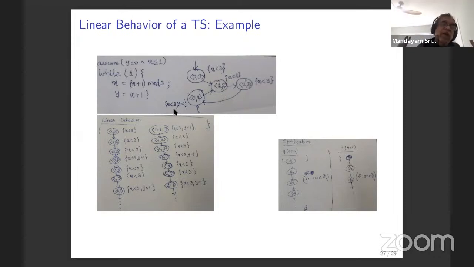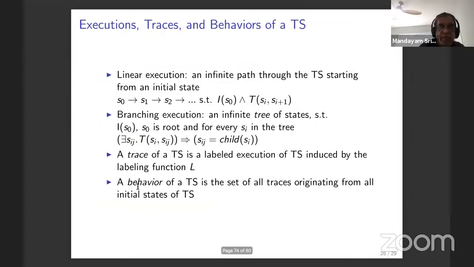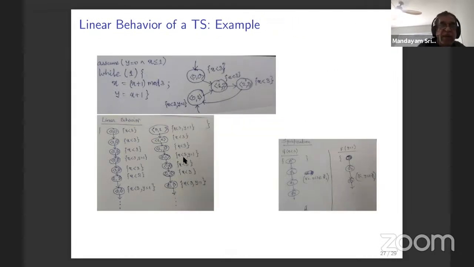So in each state, say I'm only interested in tracking if x is less than 3 or y is equal to 1. So the linear behavior is the set of traces, correct? That's what I've defined. The behavior of a transition system is the set of all traces originating from all initial states. So from here, I only keep track of this. So there are only these two ways.